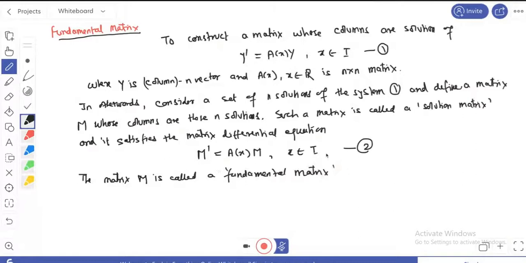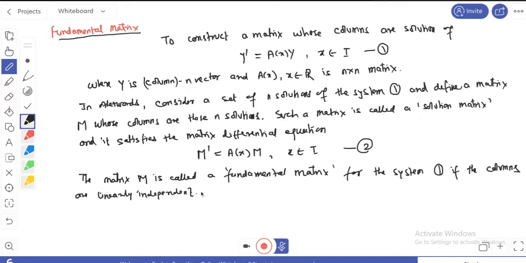It is a fundamental matrix for the system first if the columns are linearly independent. In that sense, this matrix is said to be a fundamental matrix. Okay, this is your fundamental matrix.